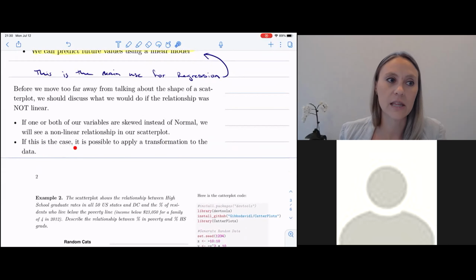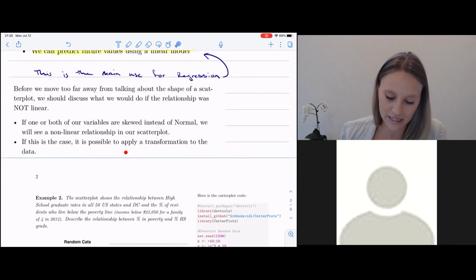If you're finding that one or two of the variables are not normal, they might be skewed, they might be bimodal, you could try applying a transformation to the data.